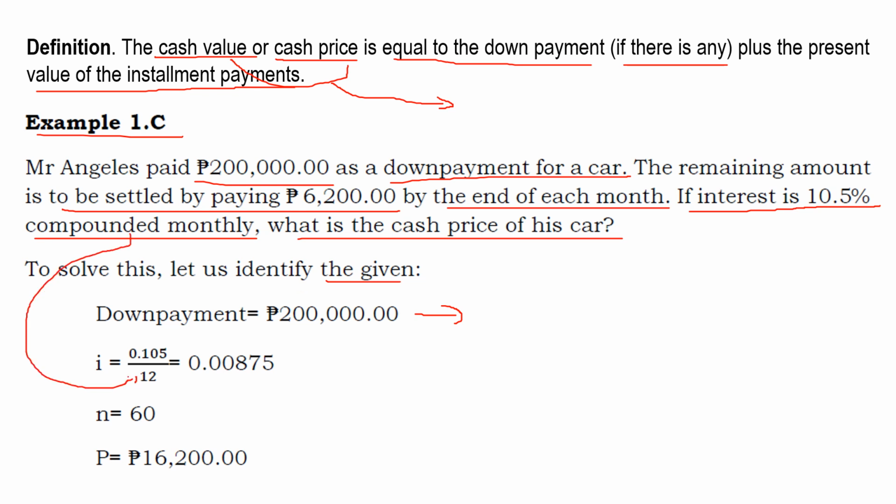That's why we divide 0.105 by 12 to get the value of i, which is 0.00875. Then your n is 60, and your R is 6,200 pesos. So that's how we see it.